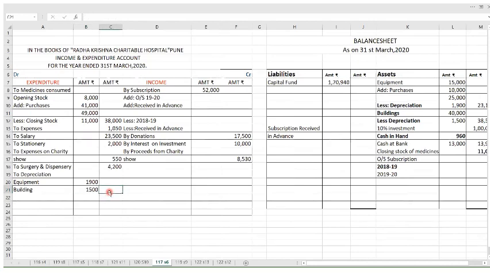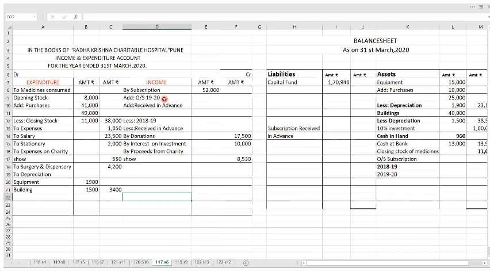So the total will be 3,400. After that, we have to give the effects of subscription. So in subscription column, what they mention in additional information, they mention subscription due on 2009-10.